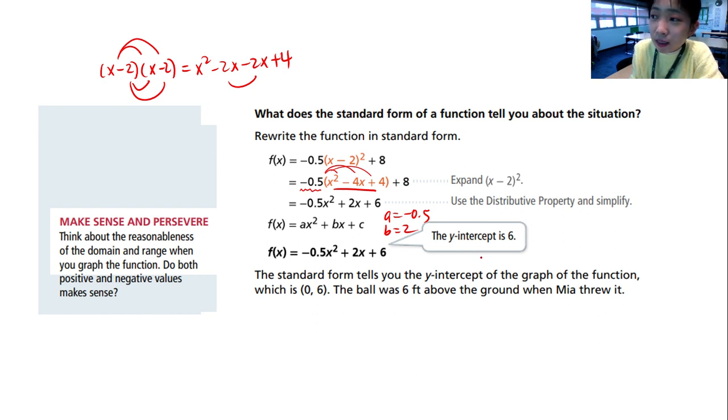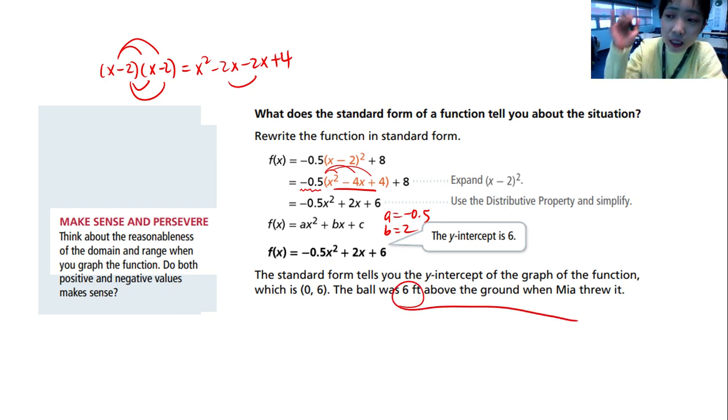So the y-intercept is 6. The standard form tells you the y-intercept of the graph of the function, which is (0, 6). So we know the ball was 6 feet above the ground when Mia threw it in the beginning. Okay? So depending on which information you want to get, you're going to use different forms of quadratic functions, okay?